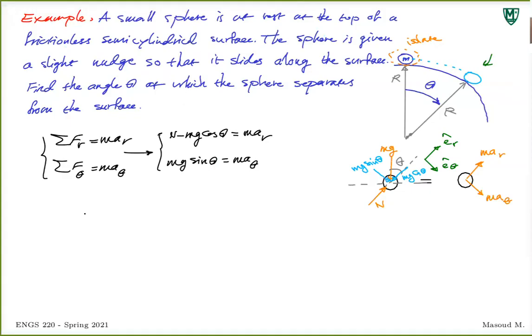Now a_r and a_theta. Well, a_r is r double dot minus r theta dot squared. Actually, let's just use the r that we're using here. So r double dot minus r theta dot squared. What is r double dot here?